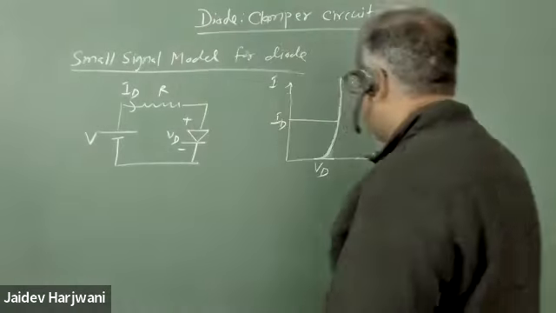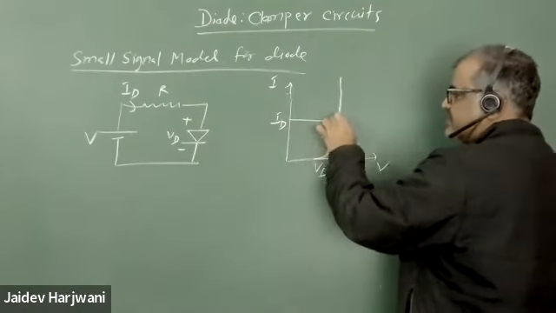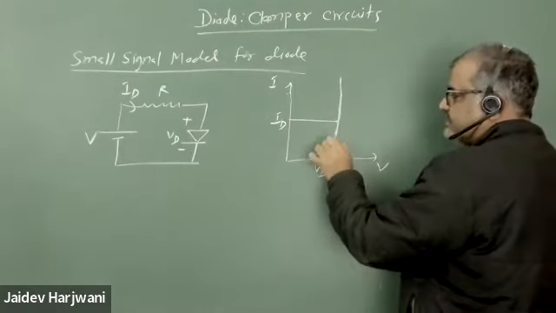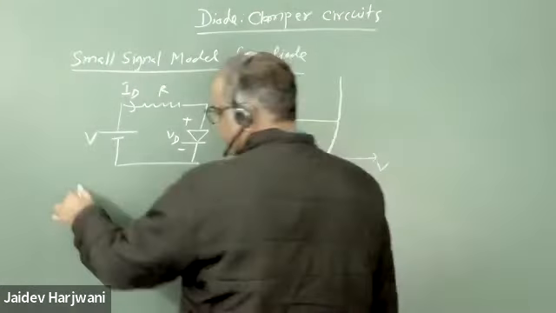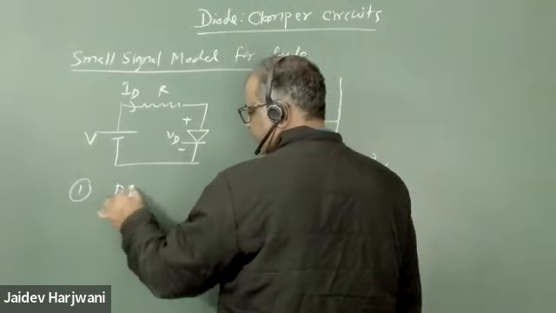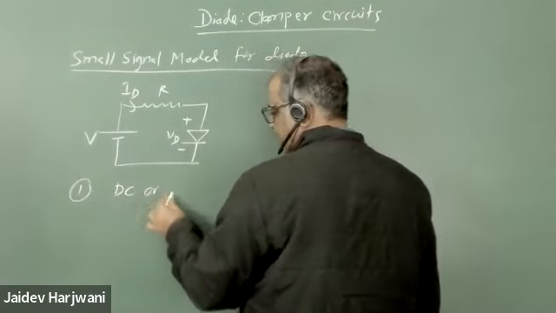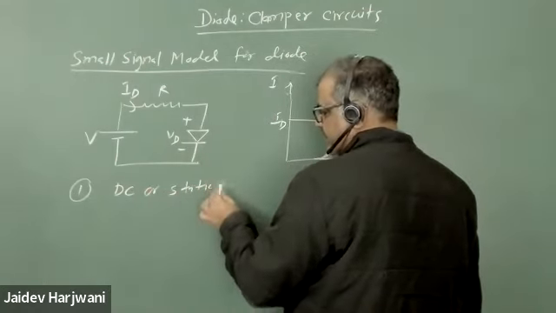So in this case, you can see that at every point the diode resistance is changing. VD is fixed, but the current is changing. So a diode in a circuit has two types of resistance. One is called DC resistance, or static resistance.